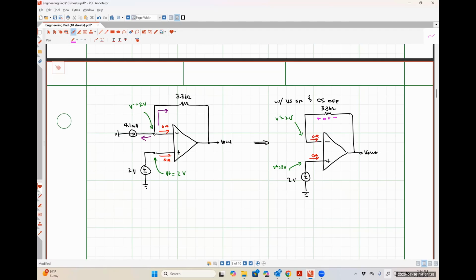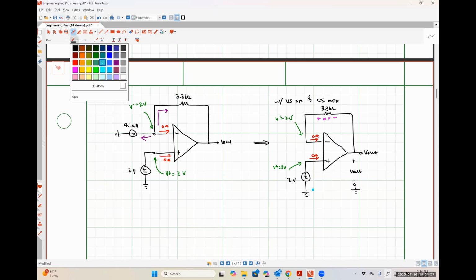So what does that tell us about our output voltage? Well, if we were to do Kirchhoff's voltage law around this system, we could do something like this. If we started here at ground, and I'm just going to make a little note right here, explicitly showing that V out is the voltage measured at the output terminal with respect to ground.